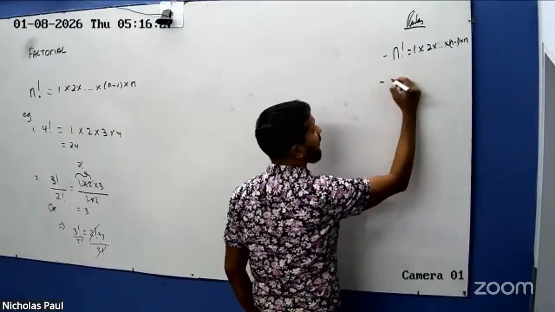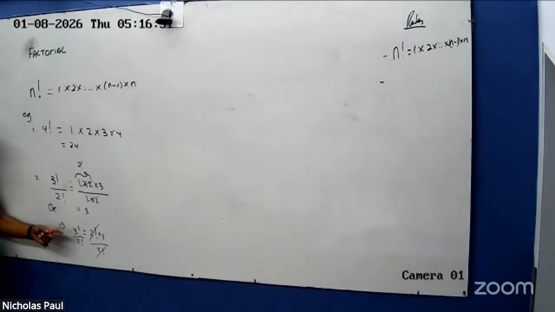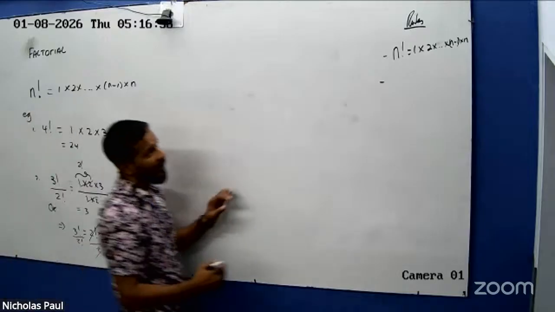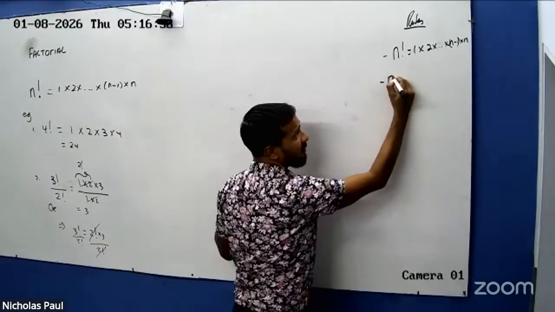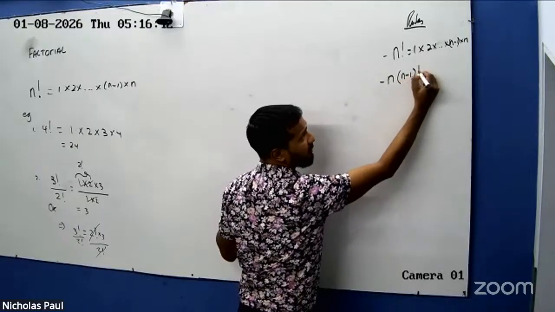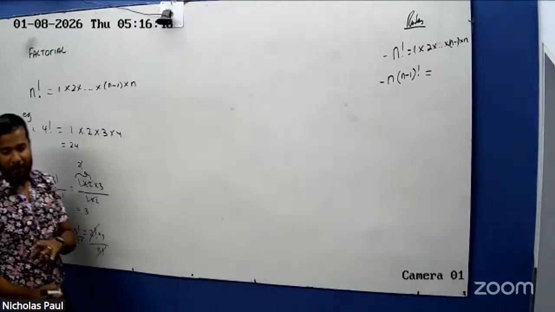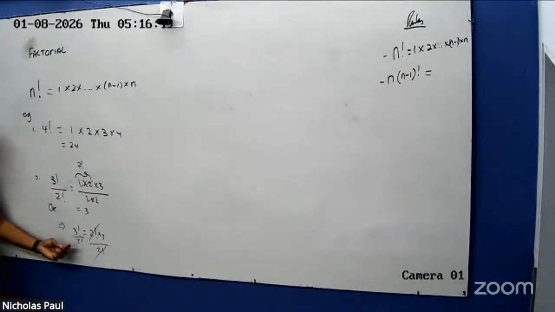Nice, good. What do you think this is here? I am using what we learned earlier. What do you think is n multiplied by n minus 1 factorial?